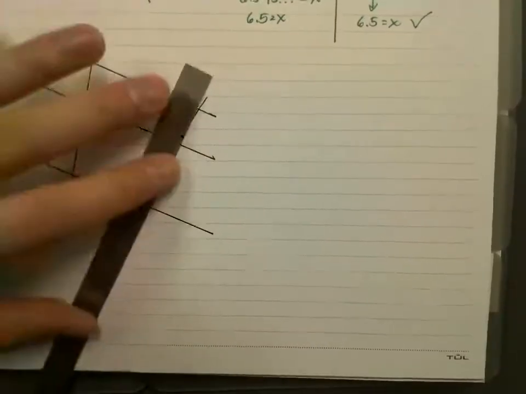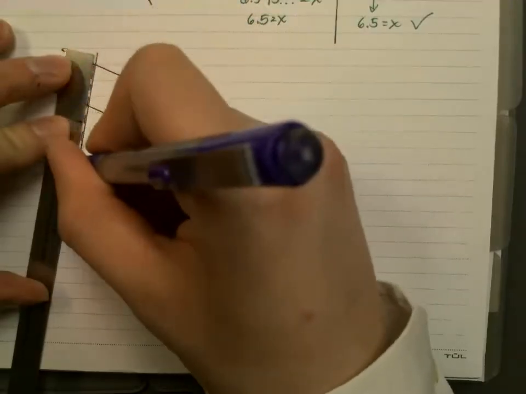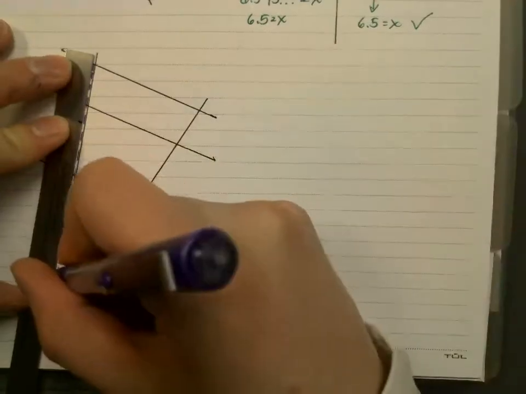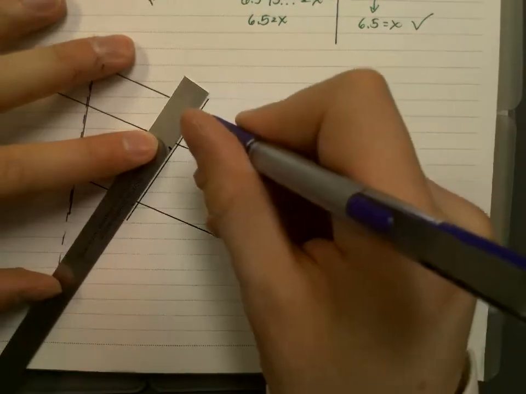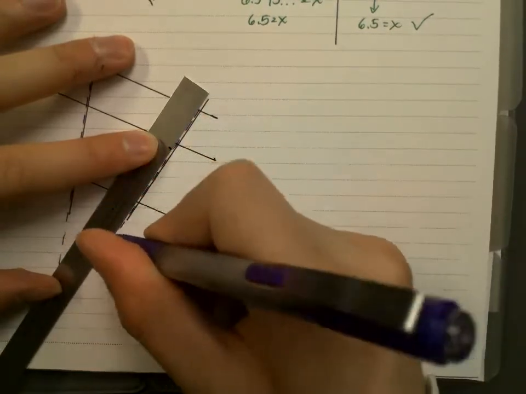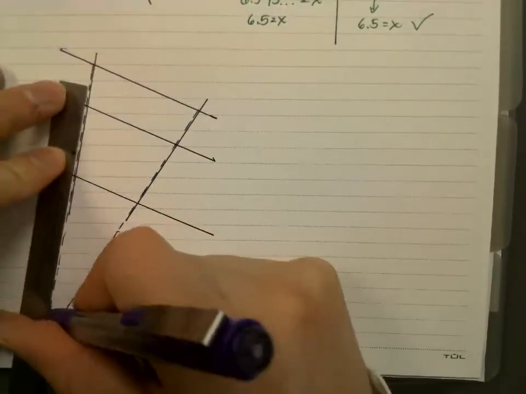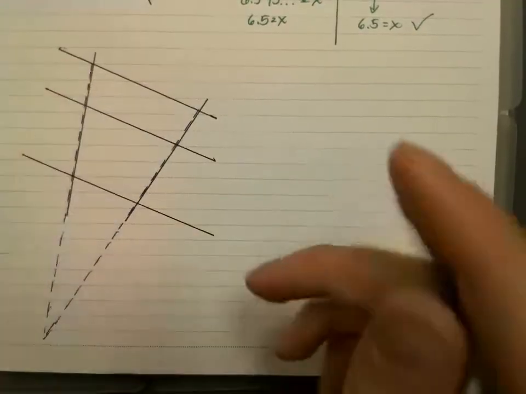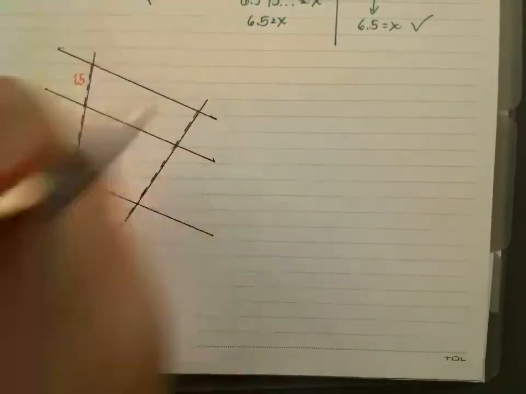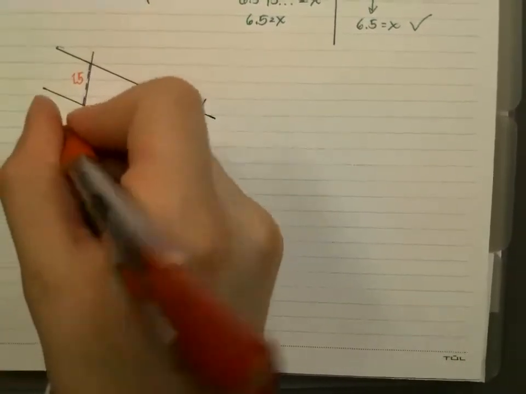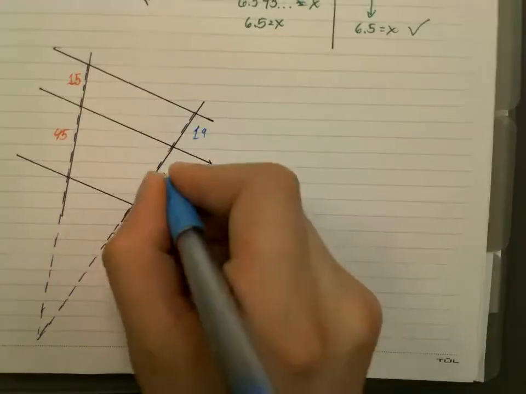Again, we can finish up the lines to make a triangle. Okay, there we go. And I'm going to say that this side right here is 15. This side is 45. This side is 19. And this side is x.